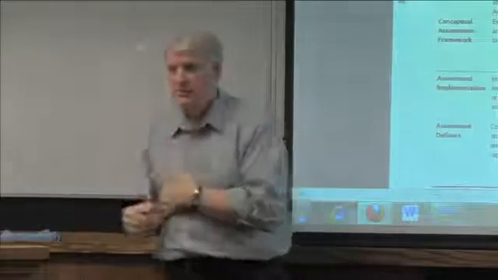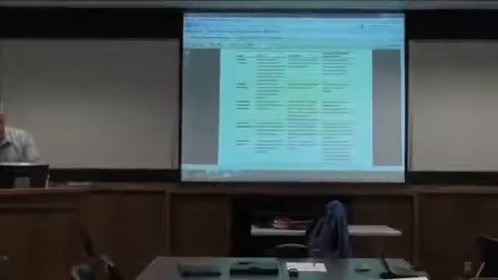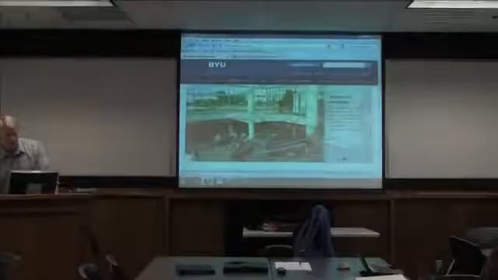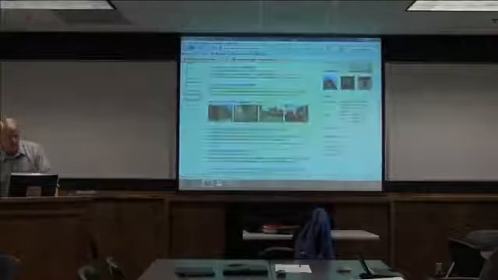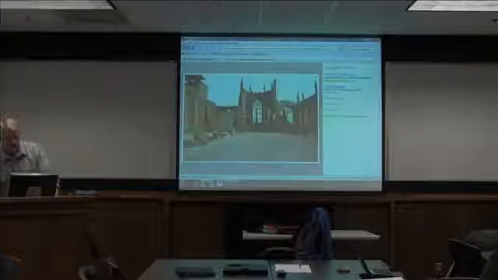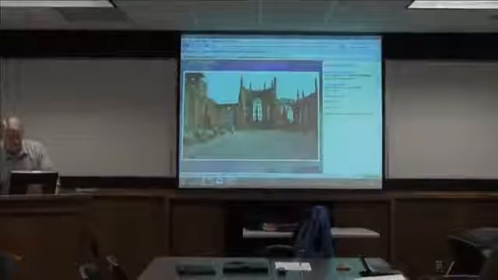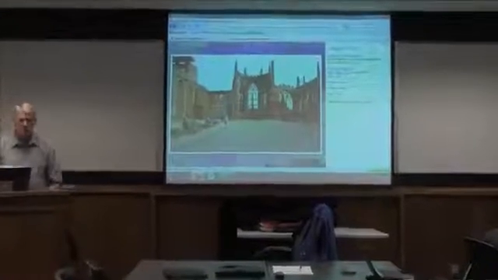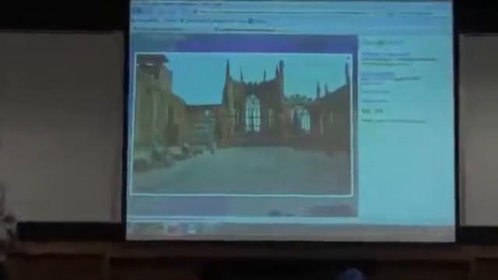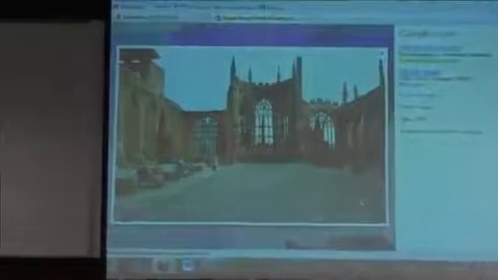Now, you make a good point, John. Let's go back to the Coventry Cathedral example. There's Coventry Cathedral. Now, when we take a look at this, is there evidence of a layered design in the Coventry Cathedral redesign?